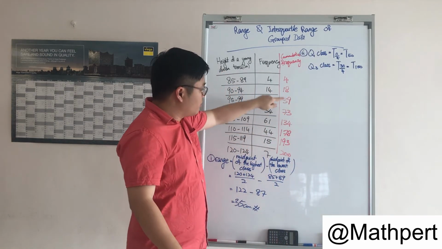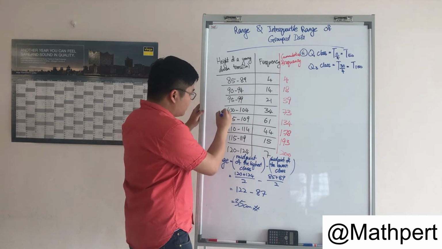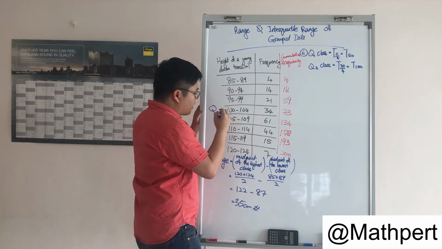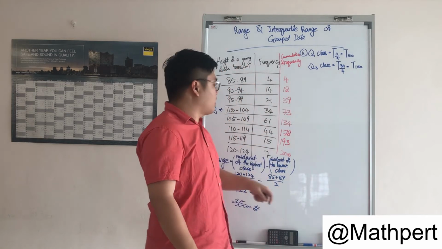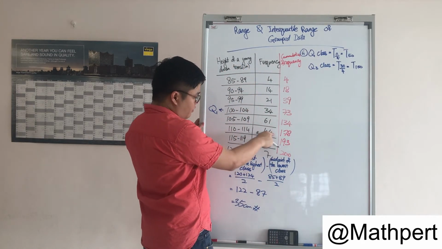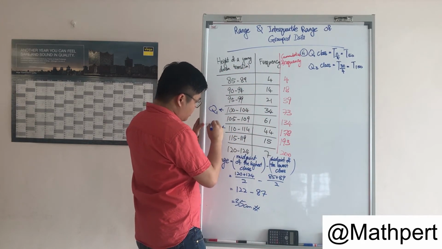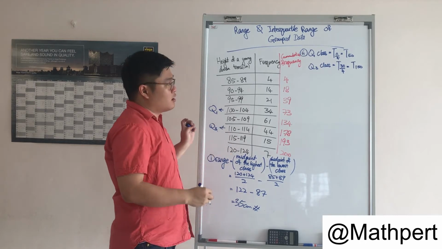So the 150th value. The 50th value is over here; this is the Q1 class. The 150th value is over here; this is the Q3 class.